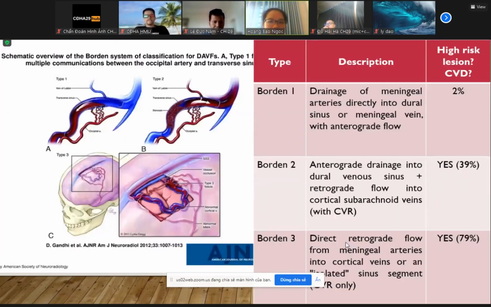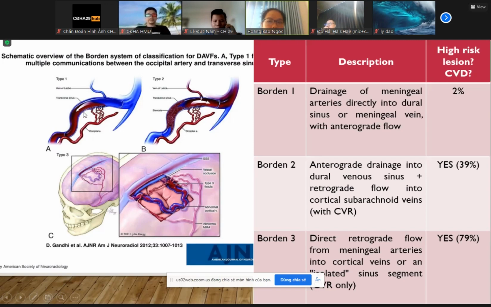Speaking of the Borden classification system, there are 3 types, from benign to aggressive. In Borden 1, there is drainage of meningeal arteries directly into a dural sinus or meningeal vein with antegrade flow.